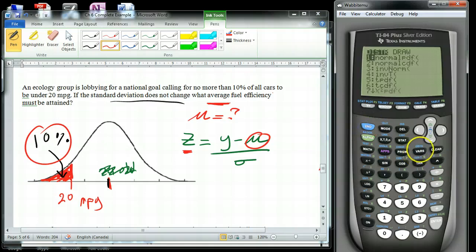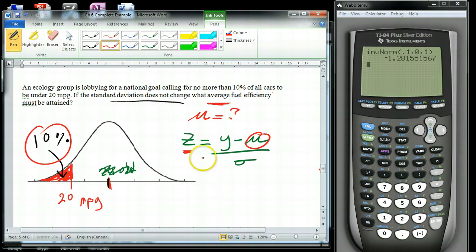Second function, and again, you're going down to inverse norm because we're looking for a z-score now. So 0.1 corresponds to 10%. The z-score is going to be negative 1.2815.